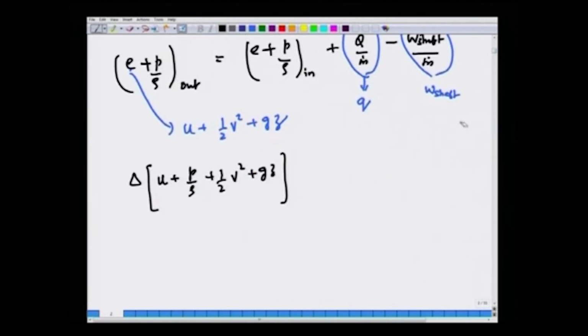The delta symbol implies that you are evaluating the quantity at the outlet minus the quantity at the inlet.